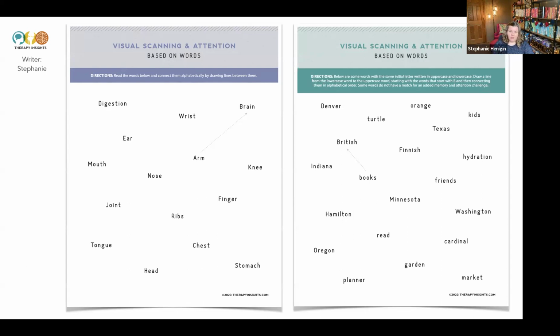So with this direction, they want you to go from lowercase b to the uppercase b, and then you keep going in order alphabetically. I haven't seen anything like that recently, and I think it's going to be a great reading task, and also that added element of attention, where the patient has to switch between two words with the same letter, and then some single words with one letter. So I already know who I'm going to be using these with.